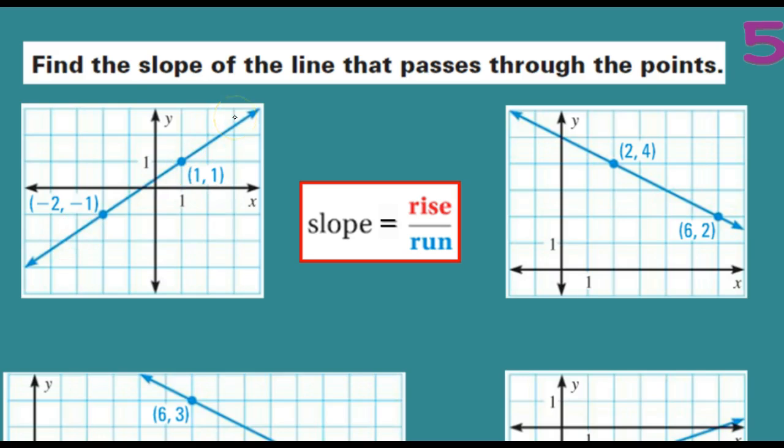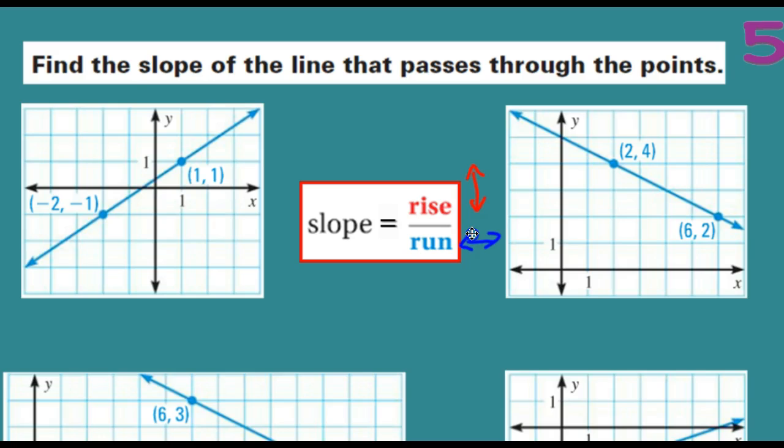Now, we need to find the slope of the lines that we already have. We're finding the slope, which is the rise over the run. Now the rise is up and down, which means that the run is left to right or side to side.